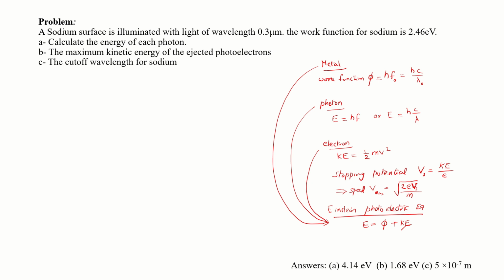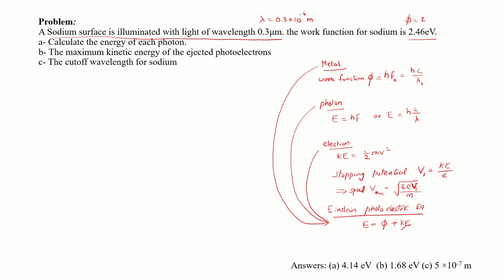Come on, let's start. A sodium surface is illuminated with light of wavelength lambda, given to you as 0.3 micro, where micro means 10 to the power of minus 6 meter. The work function of the sodium is phi. Whenever we are going to use the formulas, electron volt is not okay, so convert it into joule.